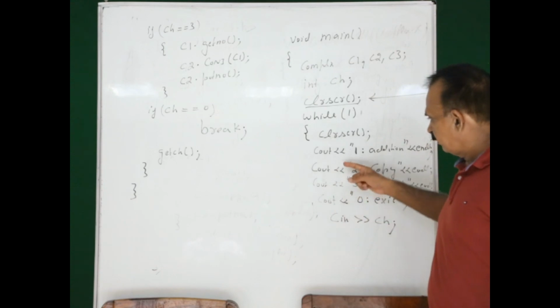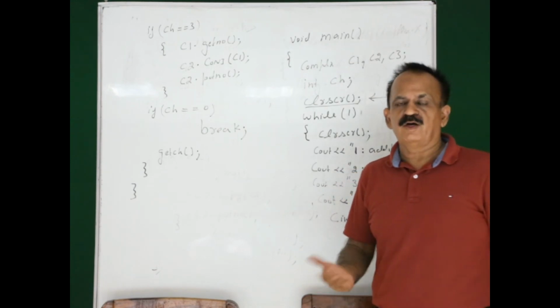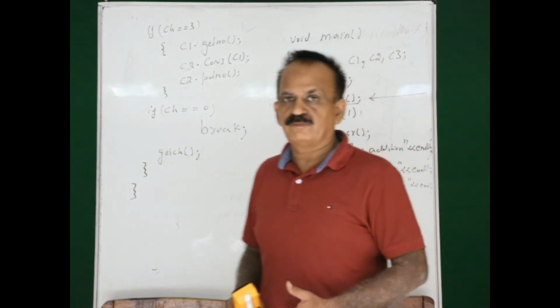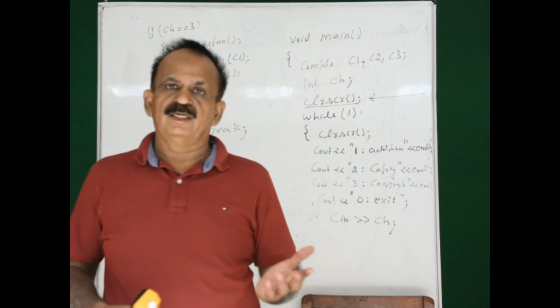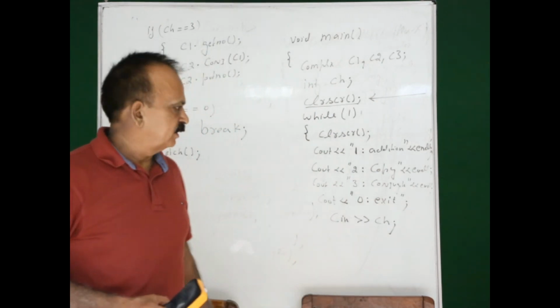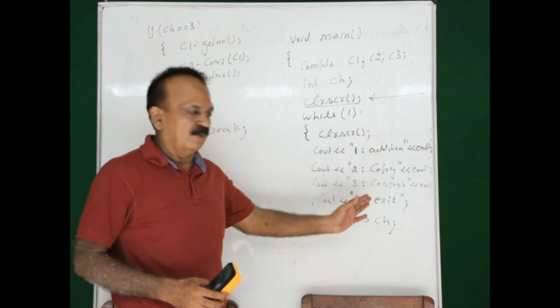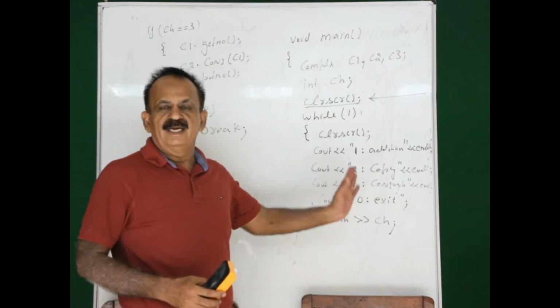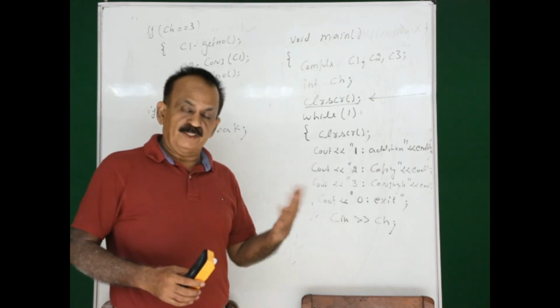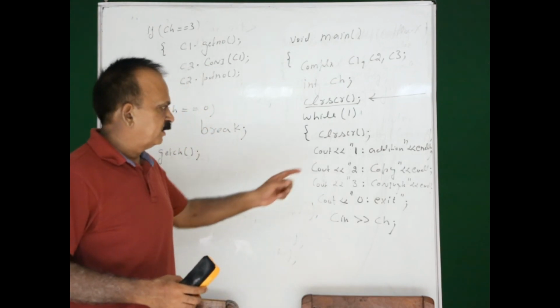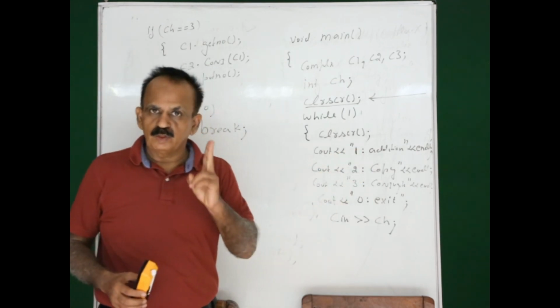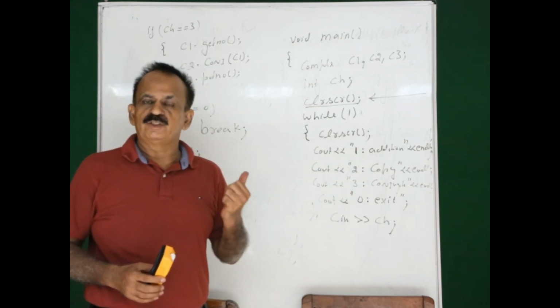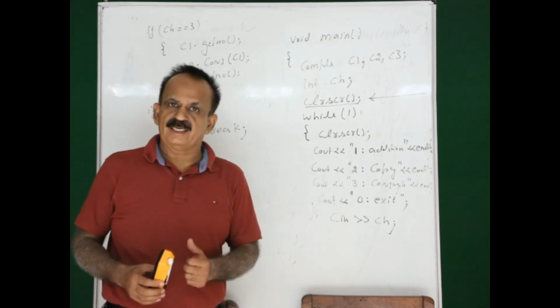So this is option number 1, 2 and 3. One was for addition of two complex numbers, the second was copy, and the third is conjugate. No doubt, for coming out of the loop we use another option. Then, option wise, we input the number. Say for addition, we needed two numbers, that is why we use c1.get number, c2.get number.